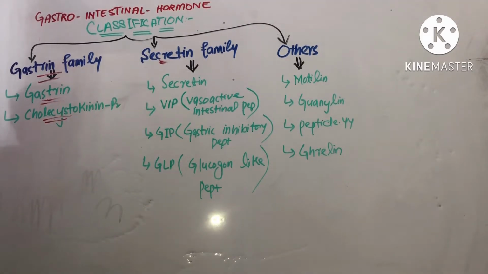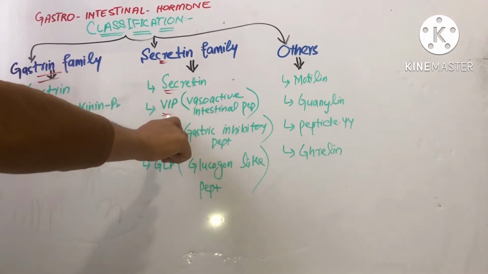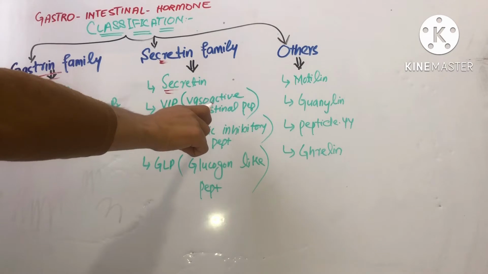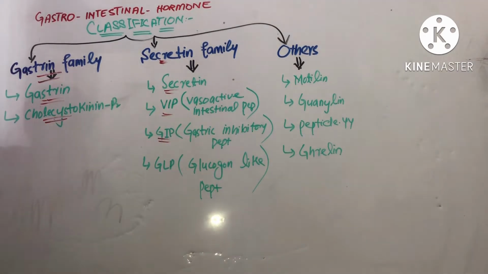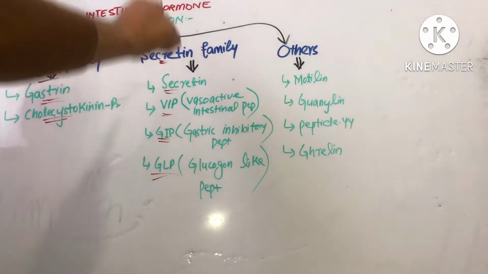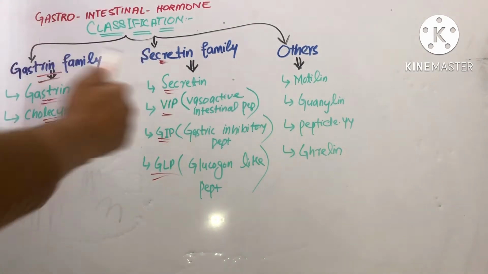Under the secretin family, we have the secretin hormone, we have VIP, vasoactive intestinal peptide, we have GIP, gastric inhibitory peptide, and we have GLP, glucagon-like peptides. So these four hormones occur inside the secretin family.